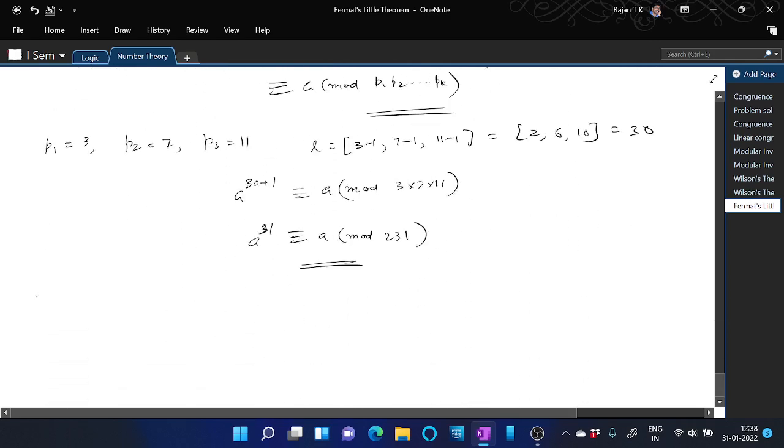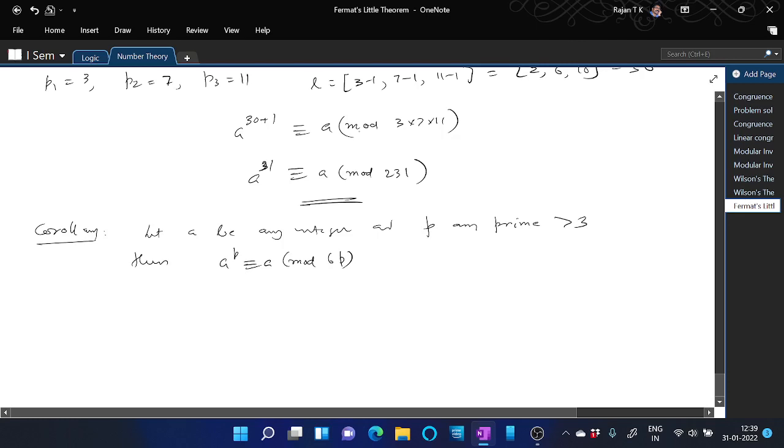The corollary is this: let A be any integer and P any prime greater than 3. Then A raised to P is congruent to A mod 6P.